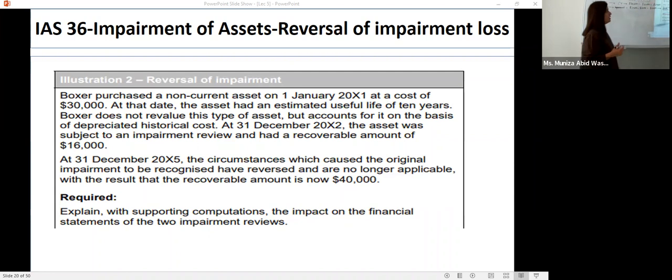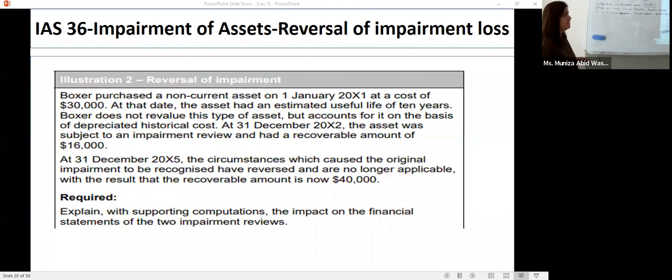Okay. Then at 31st December 2005, after further 3 years, 2003, 4, and 5, the circumstances which caused the original impairment to be recognized have reversed. So now the actual indicators have reversed and no longer applicable, with the result that the recoverable amount is now 40,000.